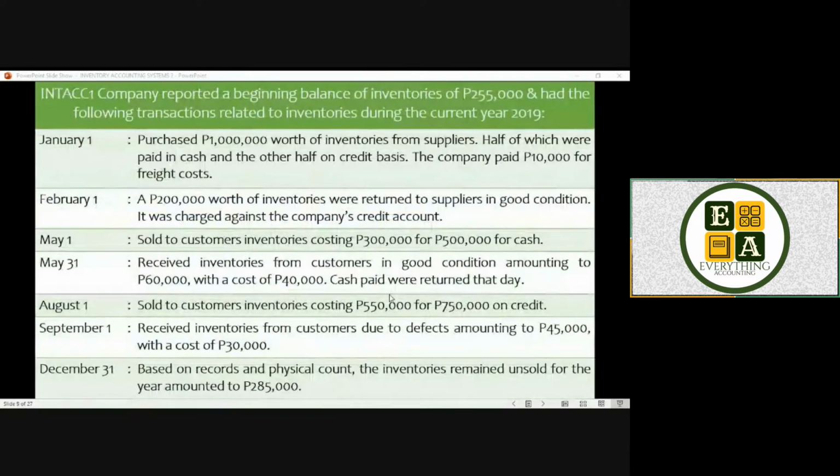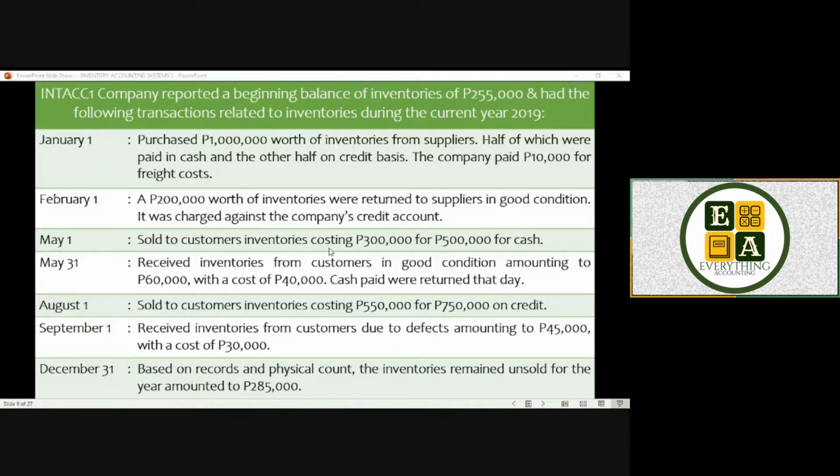Next, May 31. May 31 received inventories from customers in good condition amounting to 60,000 with a cost of 40,000. Cash paid were returned that day. So, ibig sabihin, in relation dito sa May 1, kasi yung first sale transaction natin is nasa May 1.